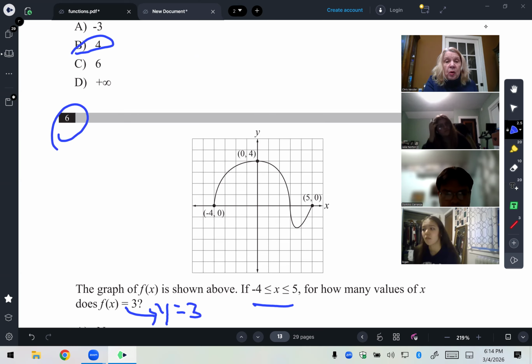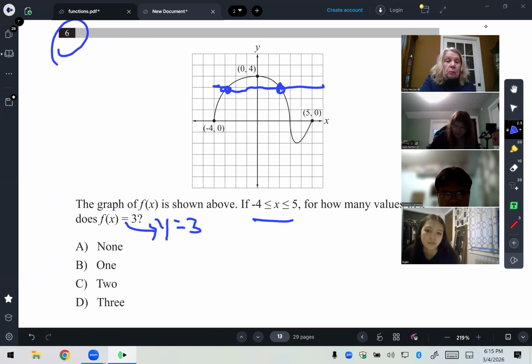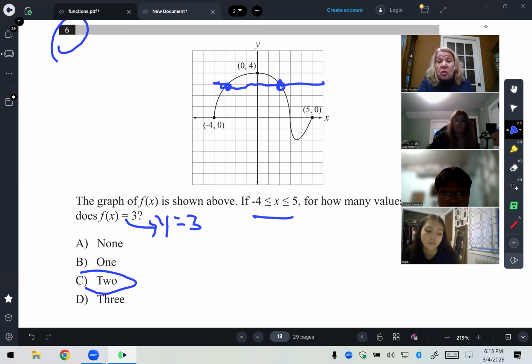So if we just put y is 3 across this whole thing, there will be 2 solutions. Does that make sense? Does that make sense that there's only 2 solutions there? Nodding heads, thumbs up. Okay. So if you see something like this, you just draw the line and you'll see how many solutions there are.